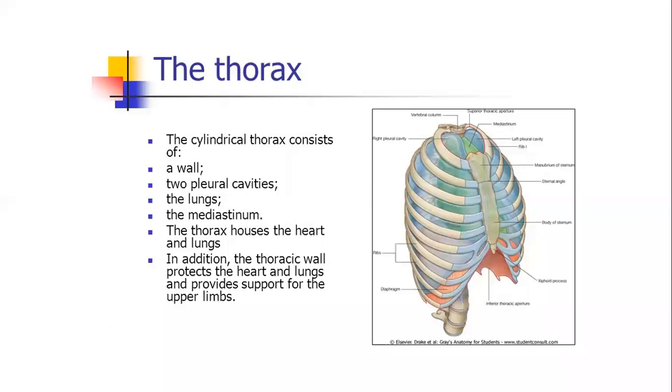And each of these membranes covers the organs. For example, in the case of pleura, the pleural membranes line the inside of the thoracic wall and the external surfaces of the lungs. So the outer covering of the lungs is called pleura.